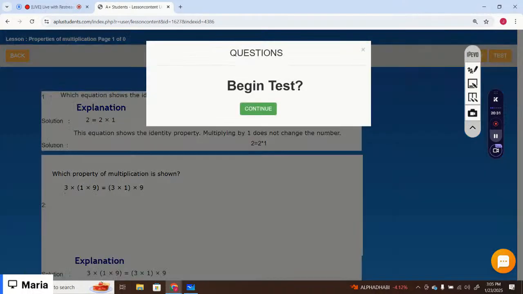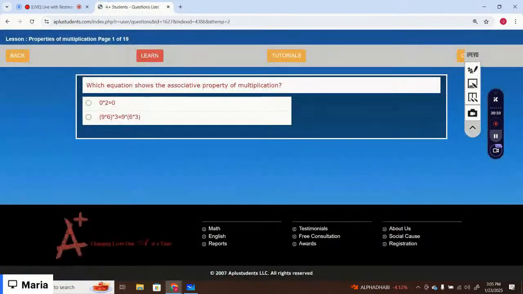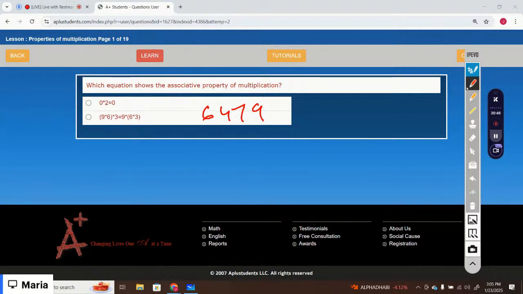Let's just start with the test questions. Which equation shows the associative property of multiplication? 0 times 2 equals 0 is the zero property.